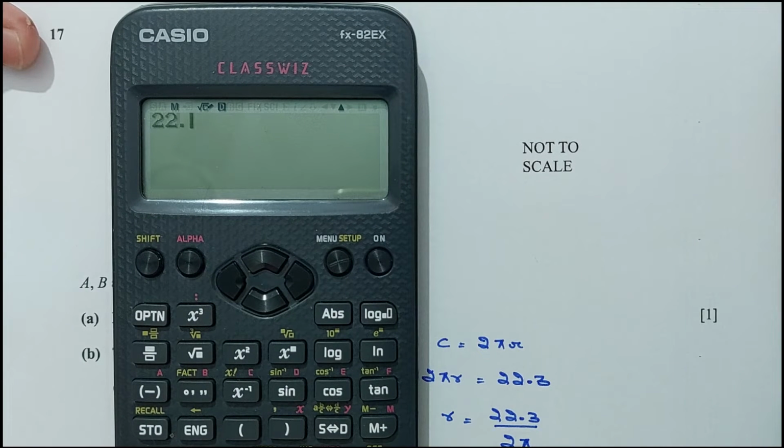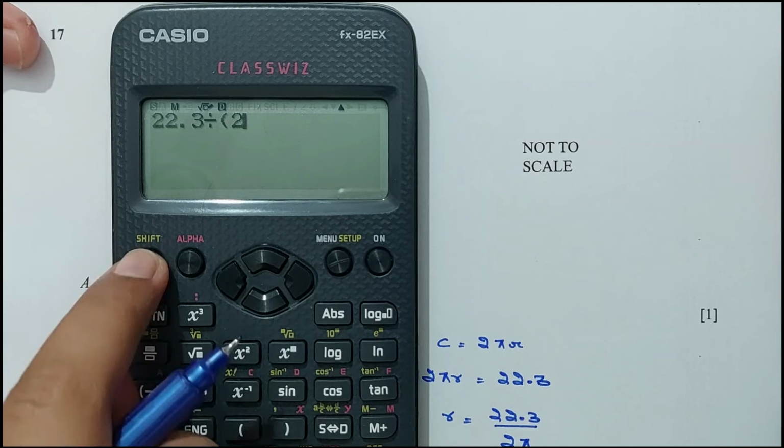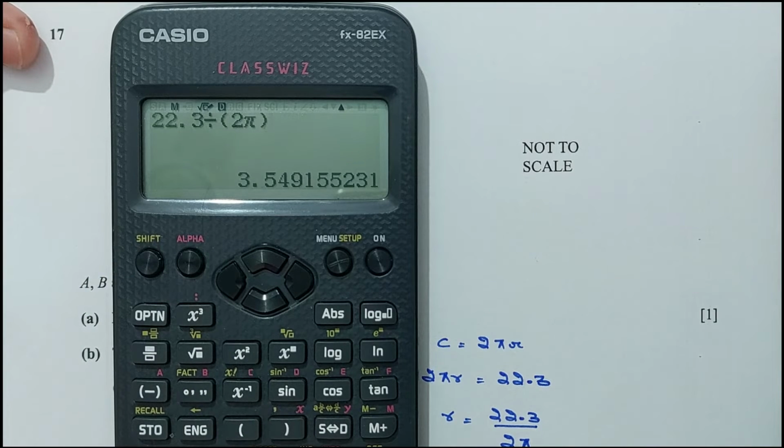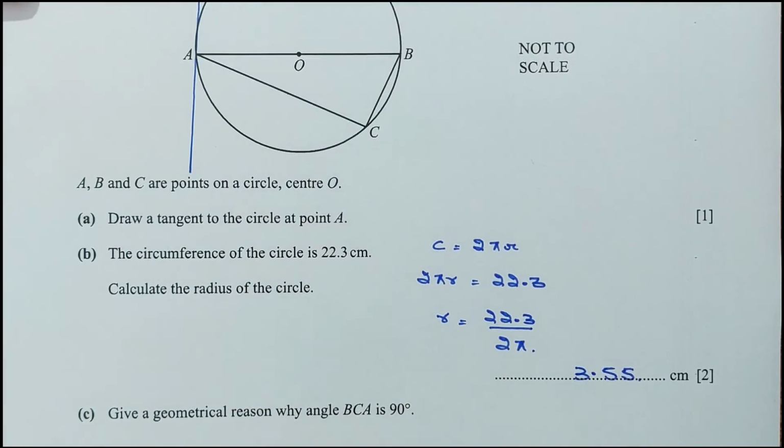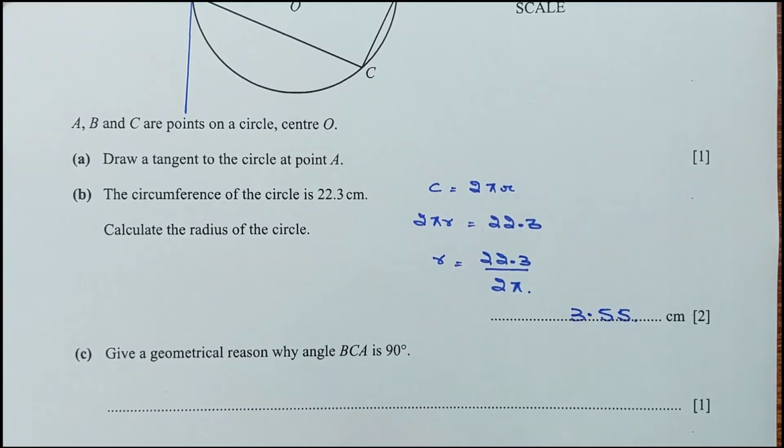So 22.3 divided by 2 pi is 3.549, rounded to 3.55 centimeters.